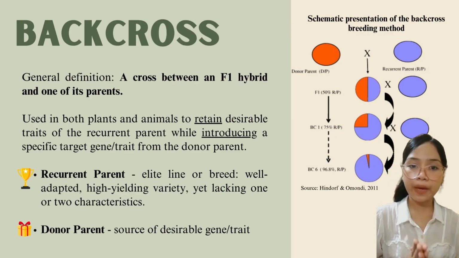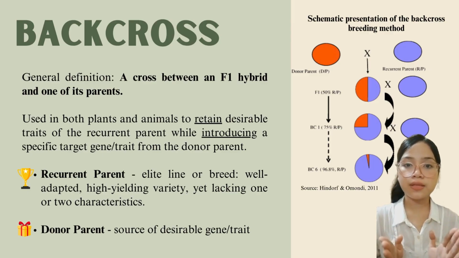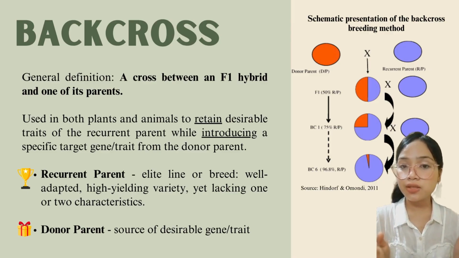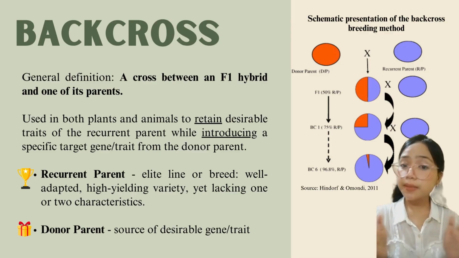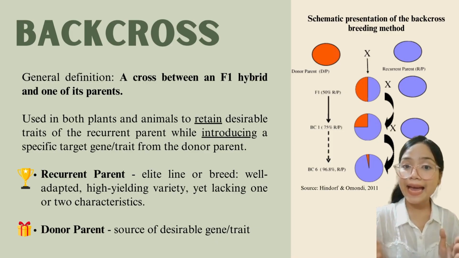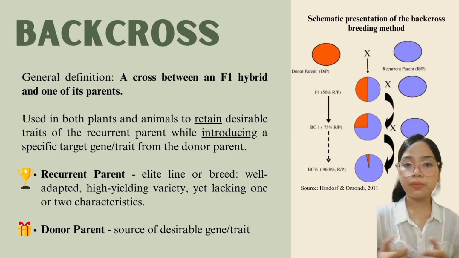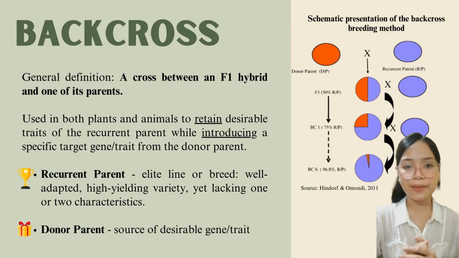Meanwhile, the donor parent is used specifically because it carries the trait we want to add, such as a resistance gene or quality trait. So, in simple terms, backcrossing is like upgrading a high-quality variety or breed without changing its identity, just improving one or two specific weaknesses.